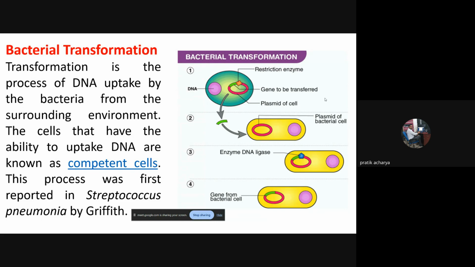First, think about the matter that foreign DNA has a homologous sequence with the bacterial DNA. Yes or no? Yes, sir. That's why we are integrating the foreign DNA. We have a certain desire to express the DNA.